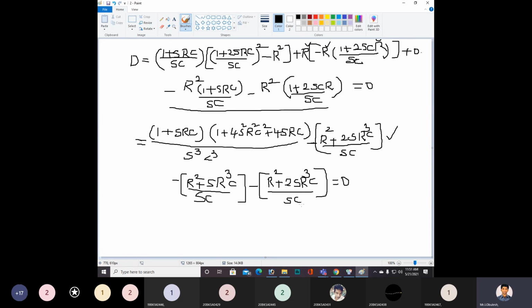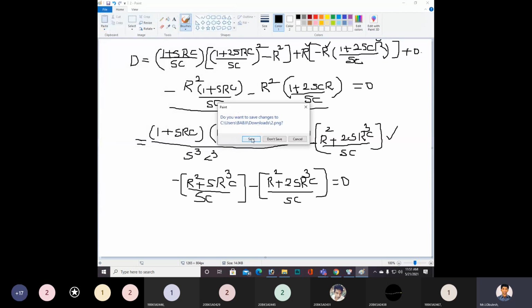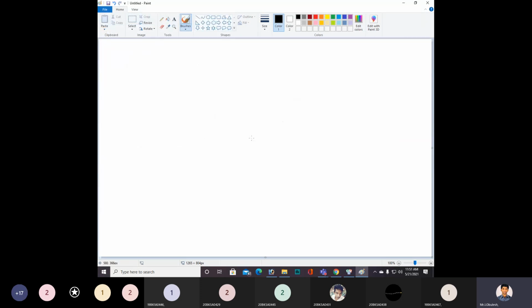Okay. Then you need to simplify the expression now. You need to simplify the expression like this.